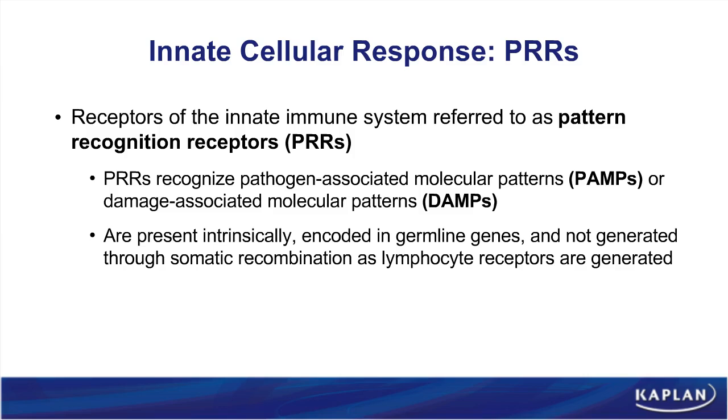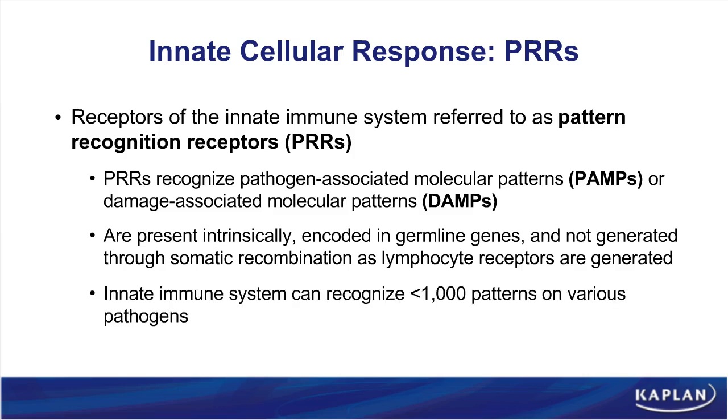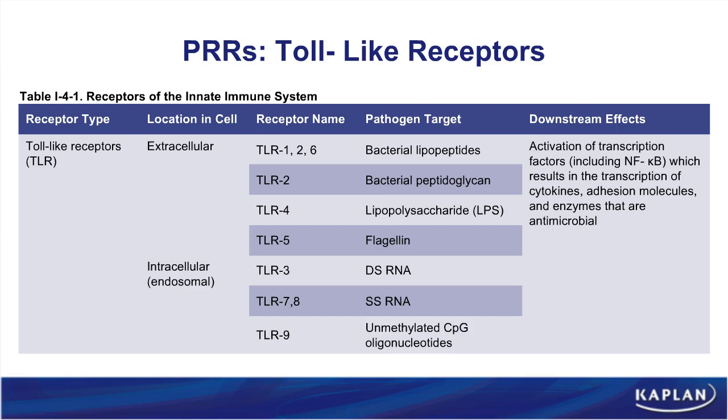Also, remember the limited diversity that we're seeing here. Only about 1,000 different patterns can be recognized by these cells versus that astronomical number that can be generated through the gene rearrangement.